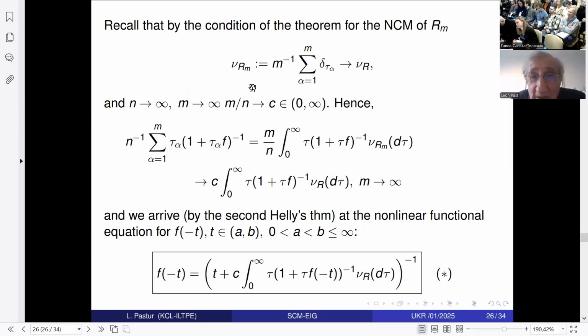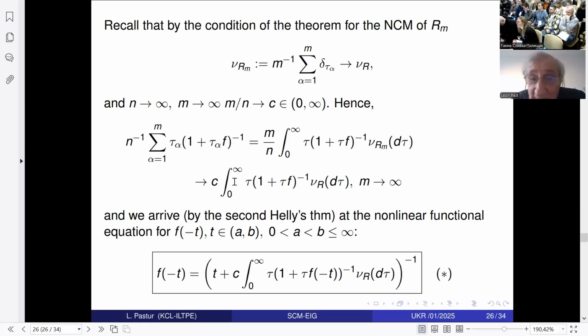This is a counting measure of tau alpha, normalized to have a total mass 1. And then our condition number 1, our theorem, is that this measure converges weakly to a certain limit.